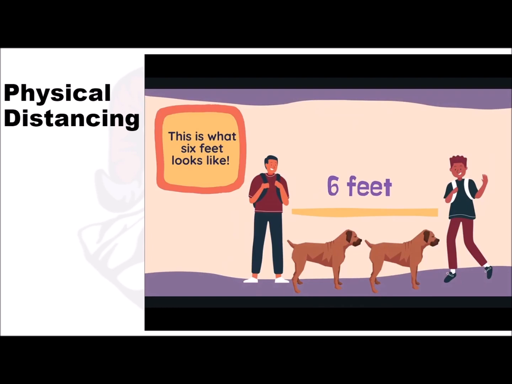Physical distancing means that you try and stay around 6 feet away from others. Now, this doesn't mean that you have to stay 6 feet away from your family when you are at home. But when you leave your house right now, it's important to try and use physical distancing as much as you can. Keeping 6 feet between you and another person would look like this picture here, where there are 2 big dogs standing between you and someone else.